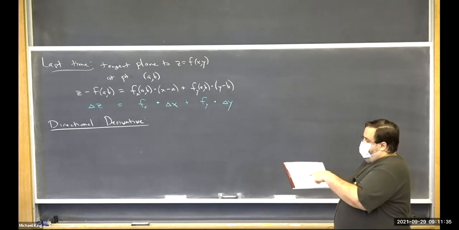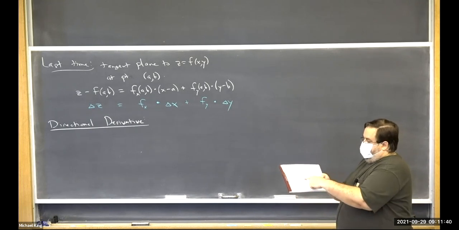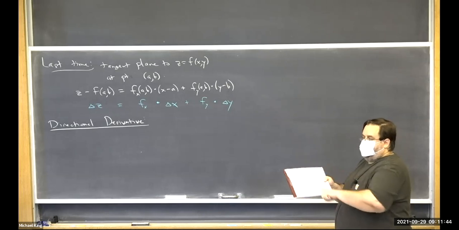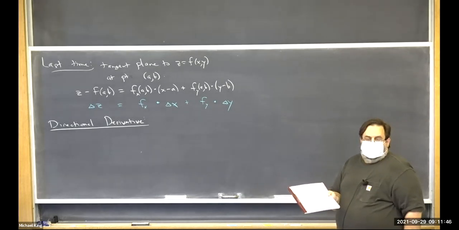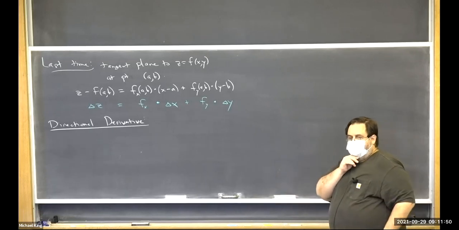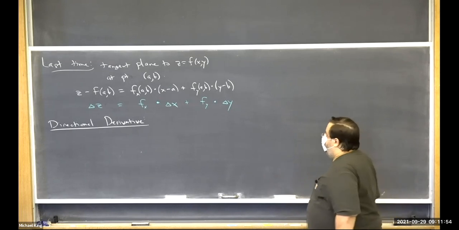I want to be at some point, here's my tangent plane where I'm living, and I want to pick some direction to head off in, and then I want to know the slope in that direction. We know that in the positive x direction the slope is the partial x, and in the positive y direction the slope is the partial y. But what if I want to head off in some weird direction?